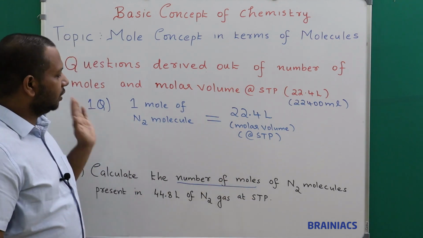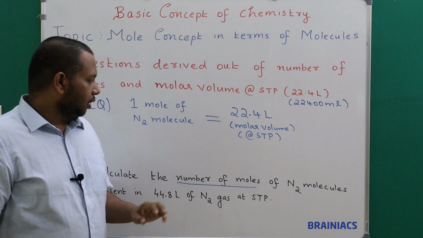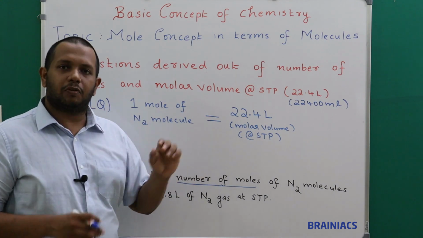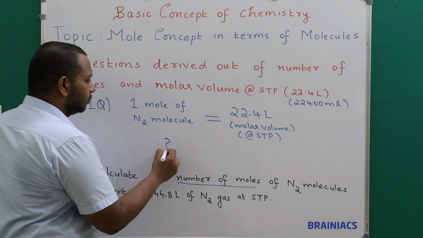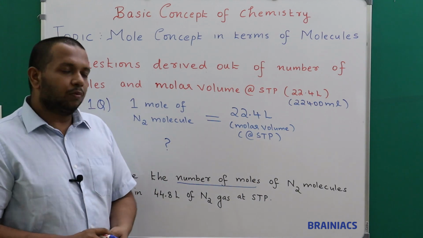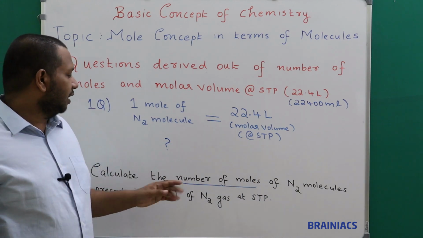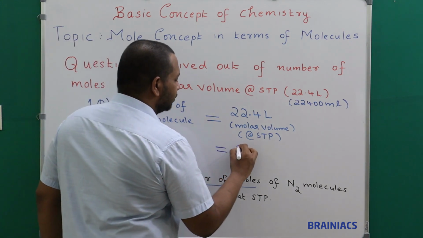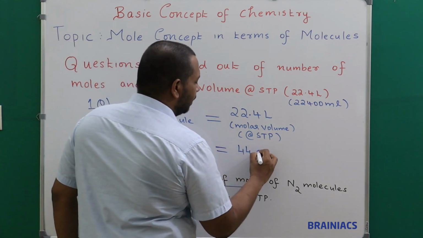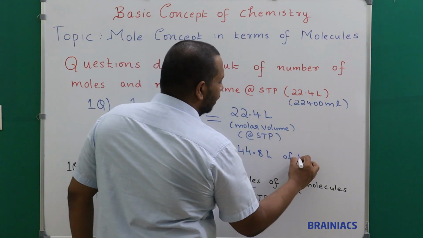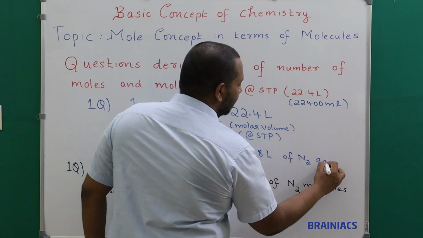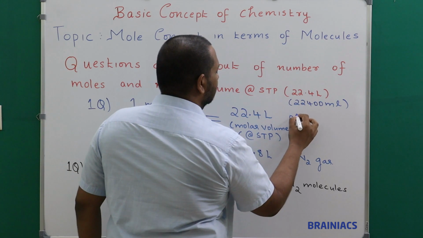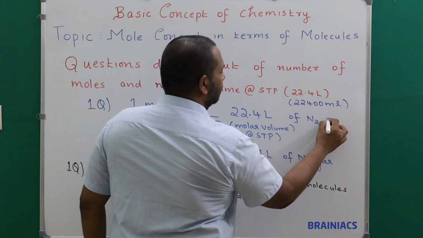Now in the question, what have they given and what have they asked you? They are asking you to calculate the number of moles, so I am putting a question mark there. And what they have given is 44.8 liter of N2 gas.